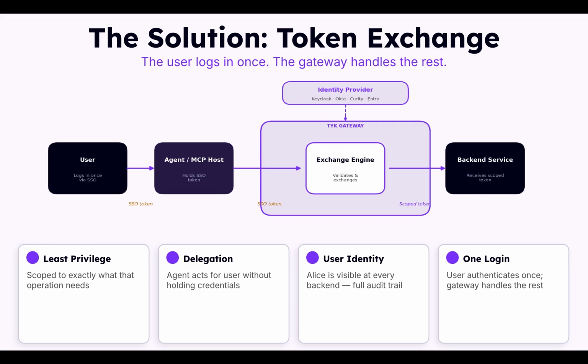If the validation checks pass, then the gateway will exchange this overprivileged SSO token with your IDP for a token that's scoped to exactly that operation and nothing more, and then passes that very short-lived token to the backend service.